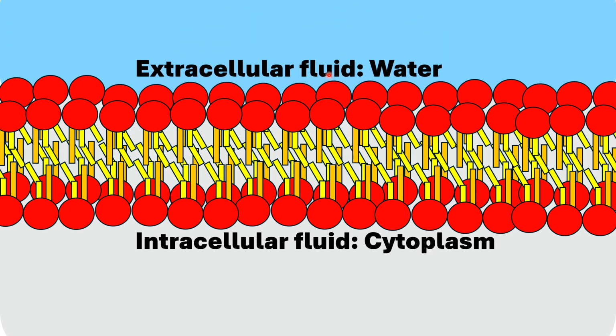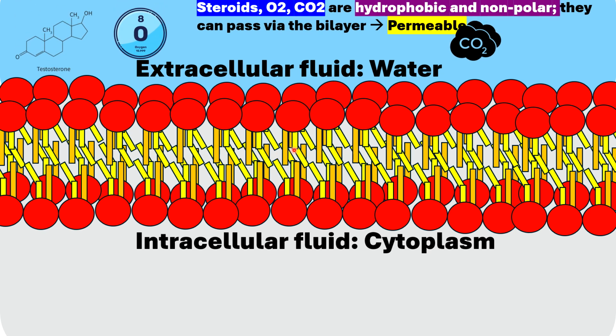Okay, so the heads interact with the water and with the cytoplasm, and the tails are inside because they're scared of the water. Okay, obviously they're not scared of the water, it's just a way to explain it. Personification.